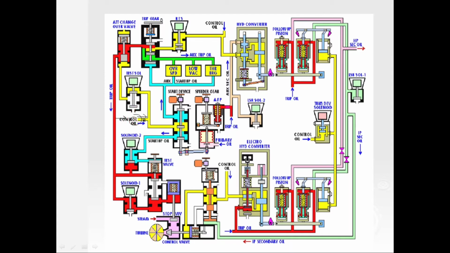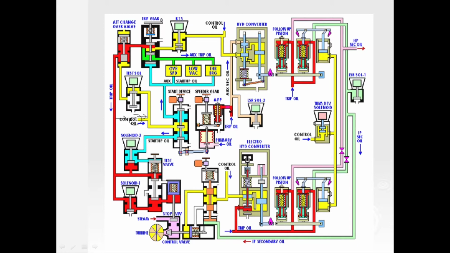Now, when you want to reset your turbine, turbine resetting means bringing the starting device to the point of 0%. When your turbine trips, the trip oil drains, so to generate trip oil pressure you need to reset your turbine.